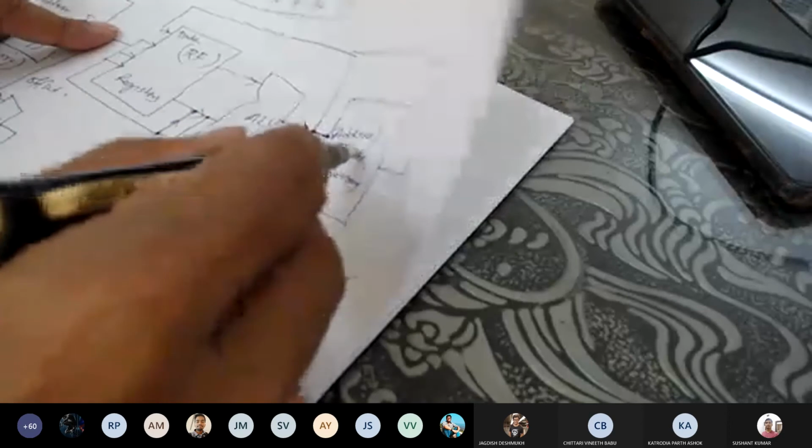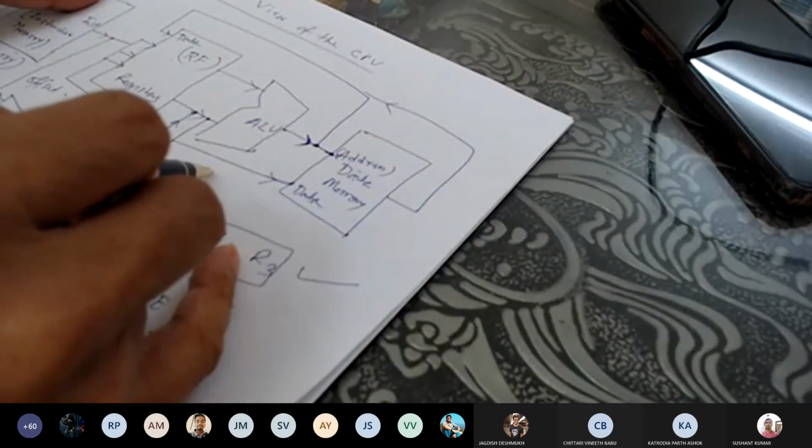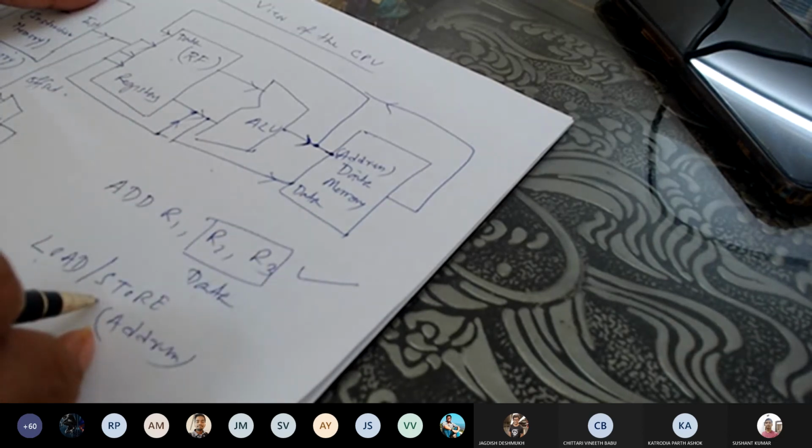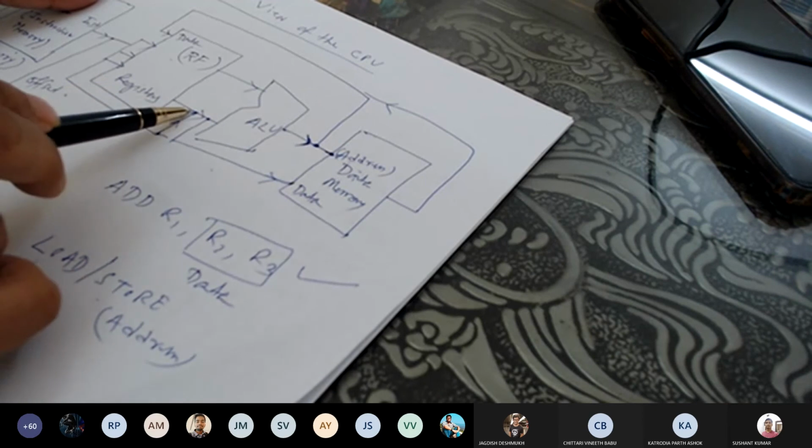And when it is load or store and it is acting as an address, you need data. Where do you get the data from? Particularly in case of store, where do you get the data? In case of store, you get the data from the registers.